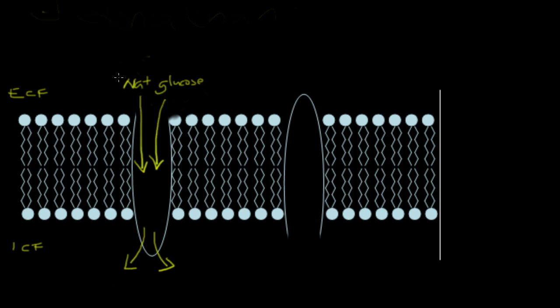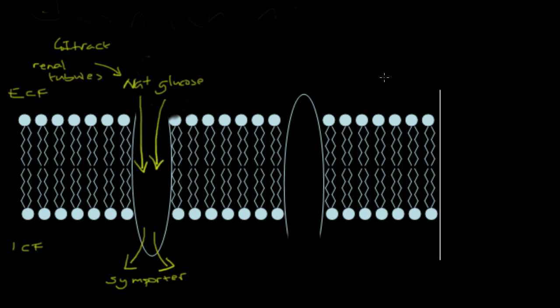And this process with sodium and glucose occurs particularly in the GI tract and the renal tubules. And this process is known as a symporter.